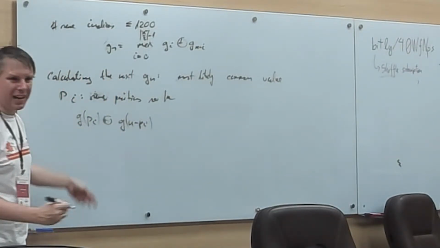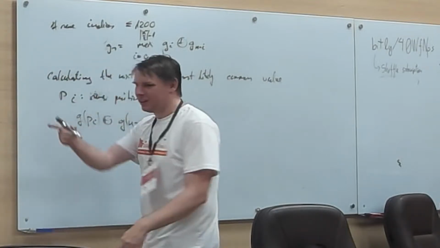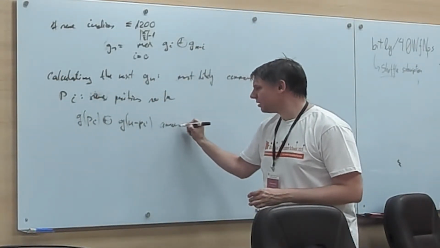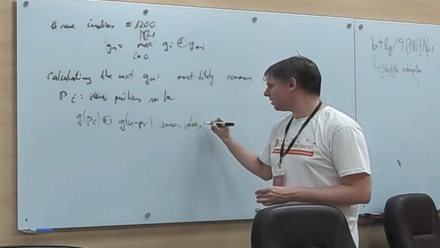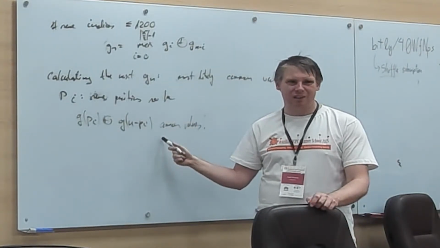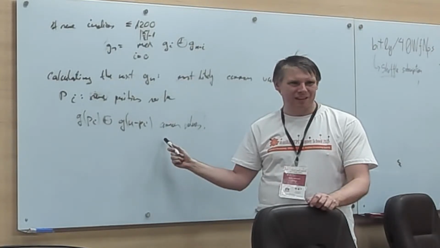These are common values, and this is the only way to produce common values. So we produce these common values and find the lowest excluded common value.